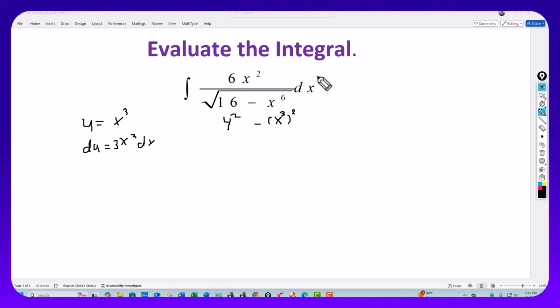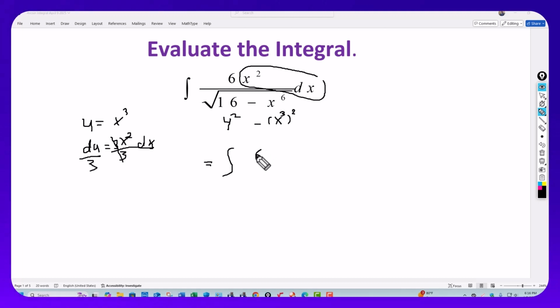And we can get rid of this part right here. You divide this by 3. That tells me then that the x squared dx can be replaced by du over 3. So in the next step, I replace the x squared dx by du over 3.